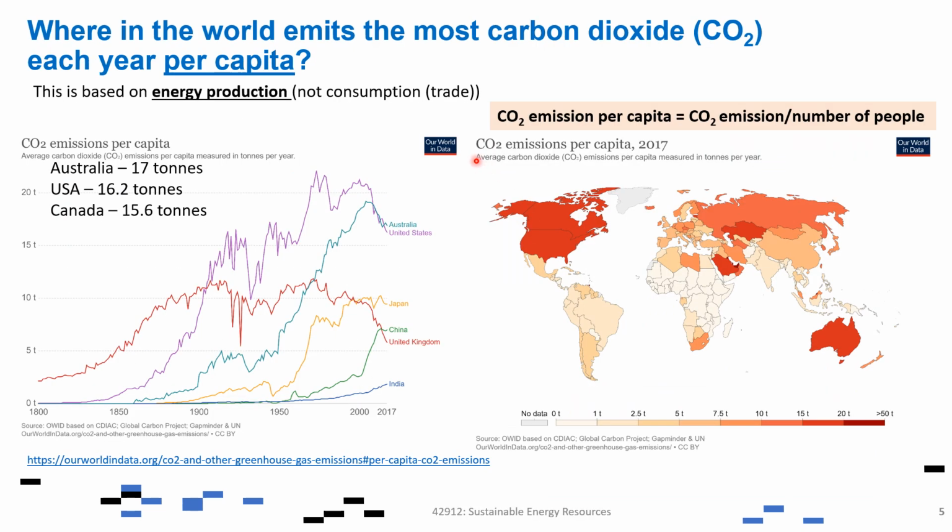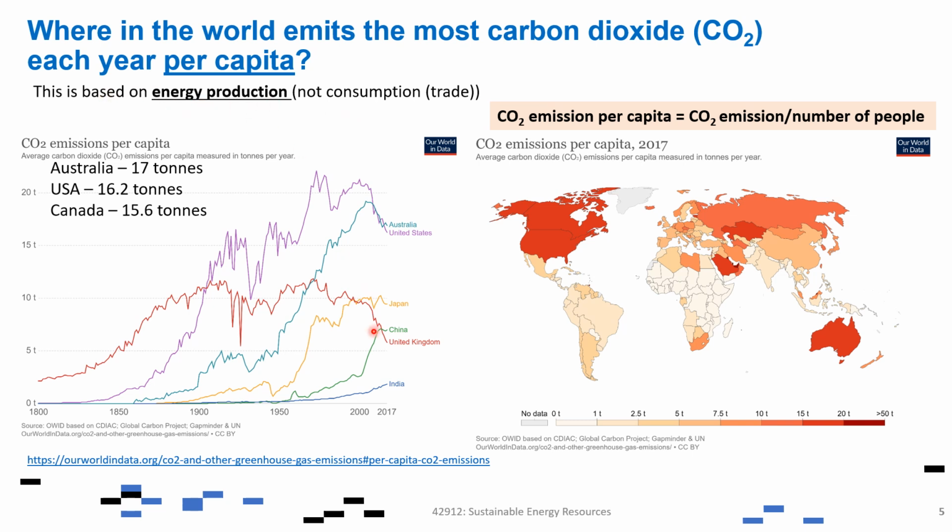While we are talking about CO2 emissions, let's take a look at where in the world emits the most carbon dioxide each year per person, per capita. These graphs are based on the energy production, but not on the consumption or including the trade. So this is basically just energy production.